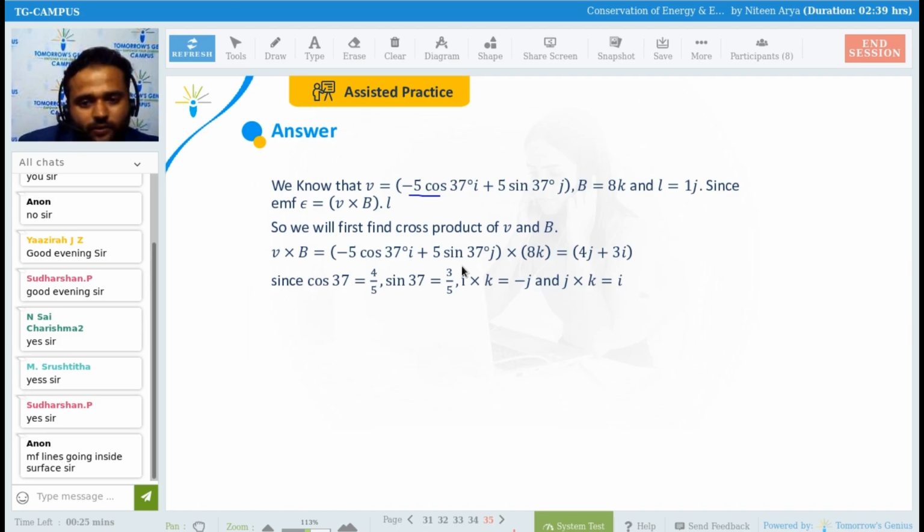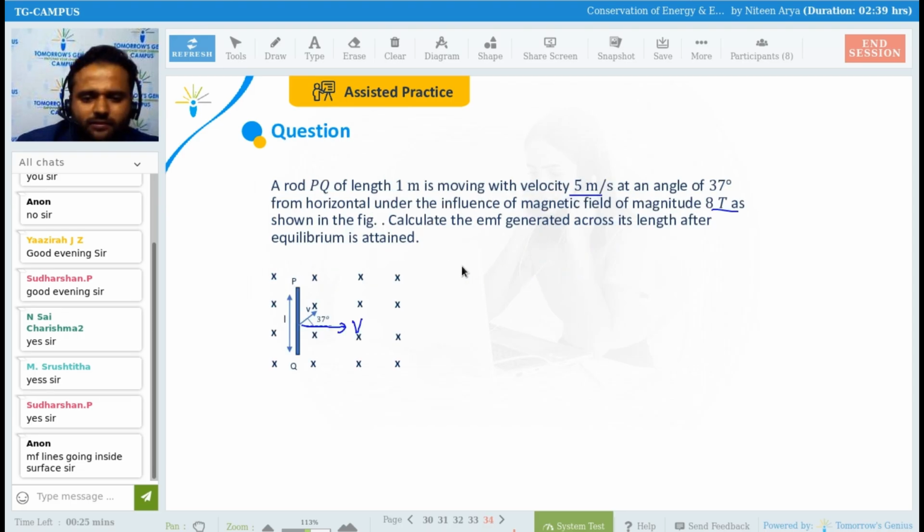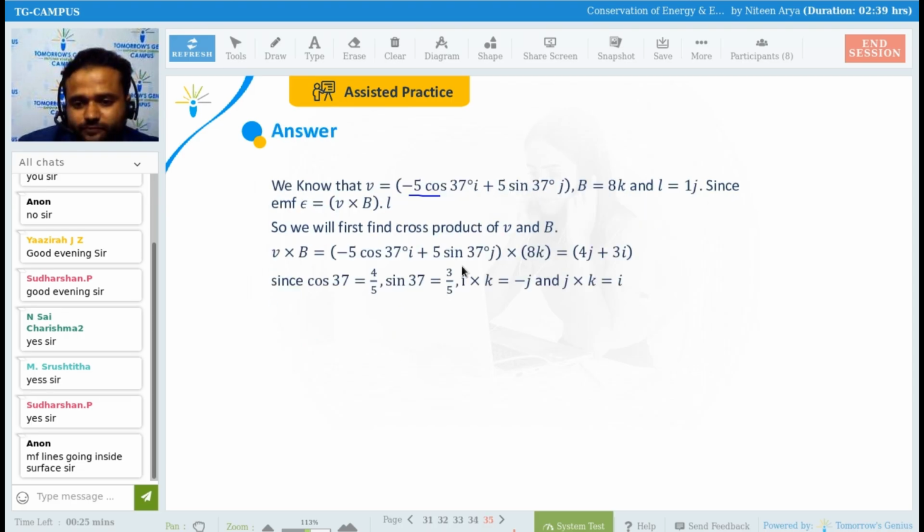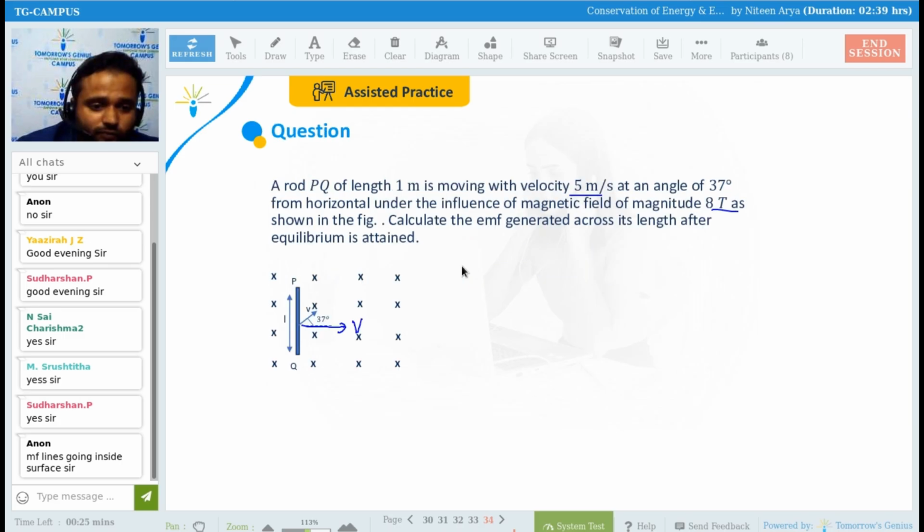Okay. So B equals 8 K, obviously into the plane of paper, K. L equals 1 J. J means so many things I need to teach you in one sentence, one question. Okay, J you consider.